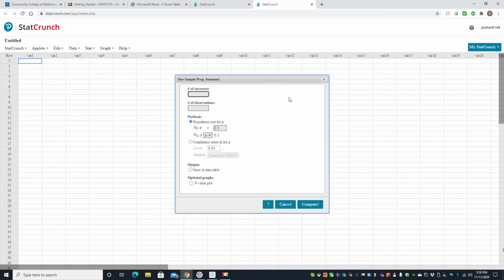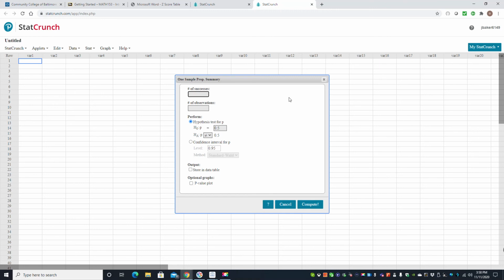Now, once again, like when we do confidence intervals, you're going to have to multiply it out. So, for instance, if you look at the very first situation where we're talking about giant foods, the 90% from the sample, you would literally have to do 0.9 times 500, which would give you 450.